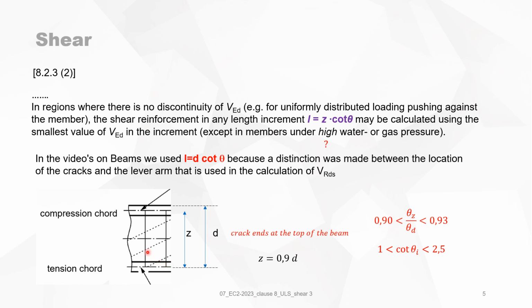So it's only, in fact, the inclination of the compression strut. If you choose it a little bit different, you can use d cotangent theta or z cotangent theta. So the difference is not huge. But you should use in the code 2023 z cotangent theta. That is now clearly stated in clause 8.2.3.